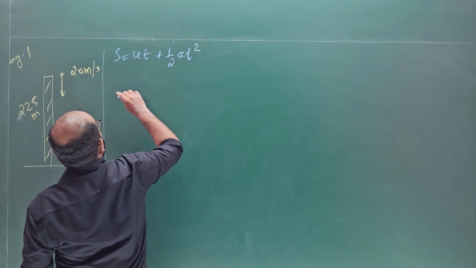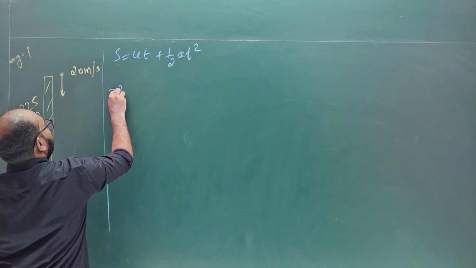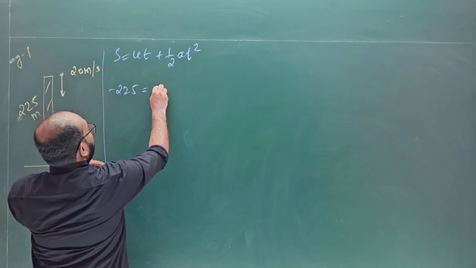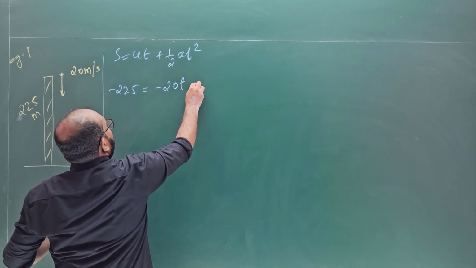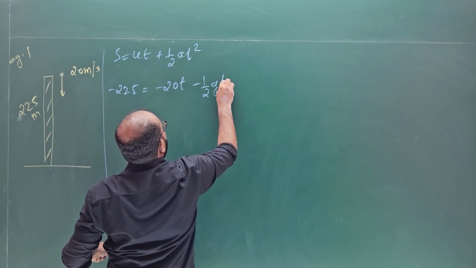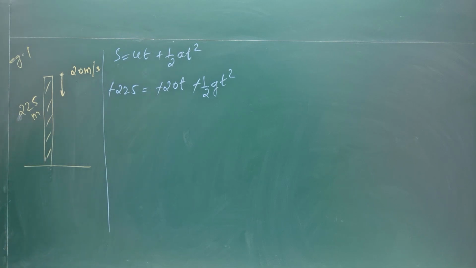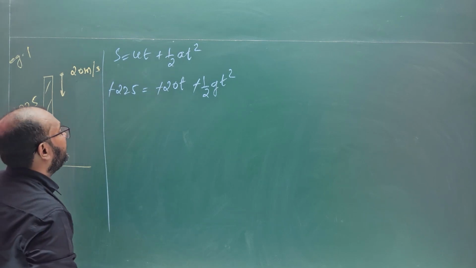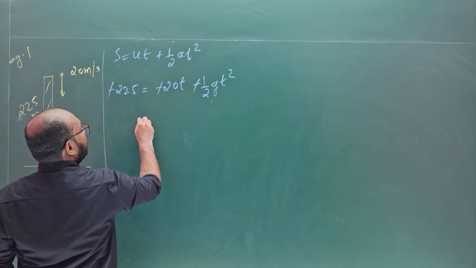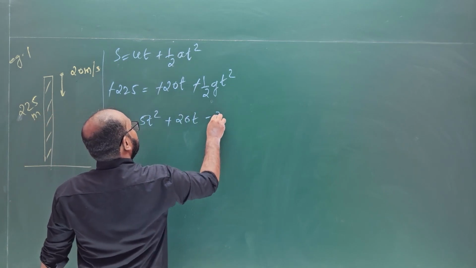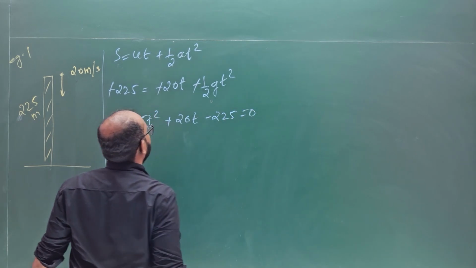To calculate the time, S is given as minus 225, which equals velocity in the downward direction, so velocity is minus 20, t minus half gt square. Can I cancel the negatives? So what is left is 5t square plus 20t minus 225, which equals 0.